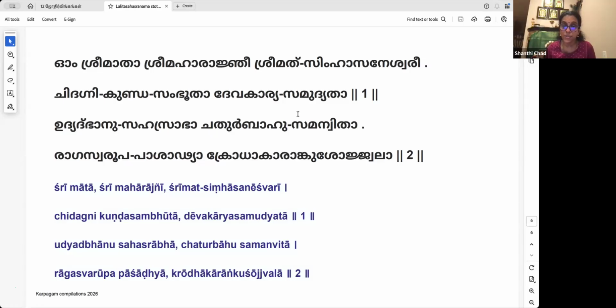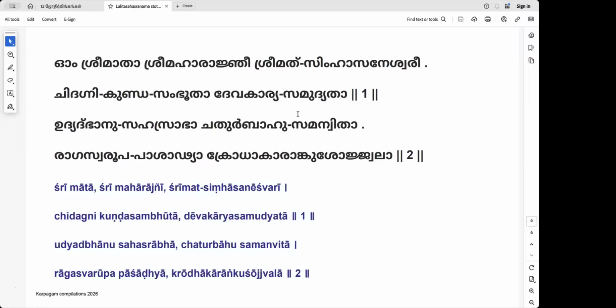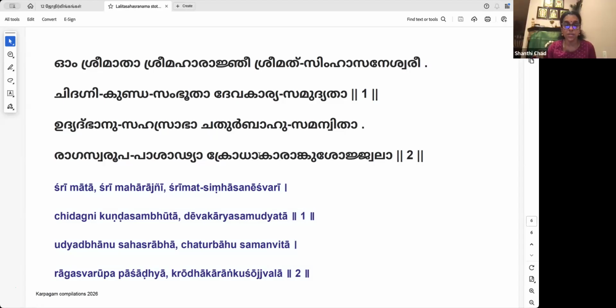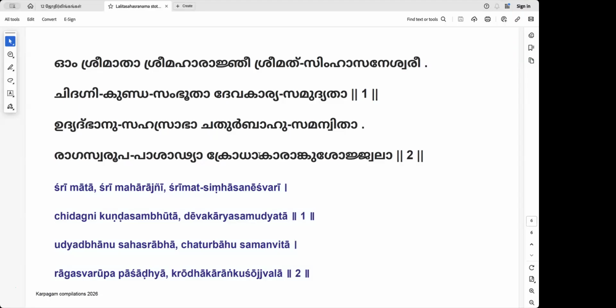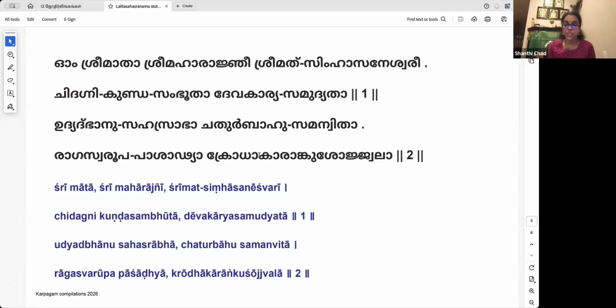Krodha Karang Kushojvala. After Krodha, there is no ing sound. Krodha Karam, okay? Krodhakara ankushojvala. Krodha is all about controlling that, and ujvalam is brightness, right? Krodhakara ankushojvala.